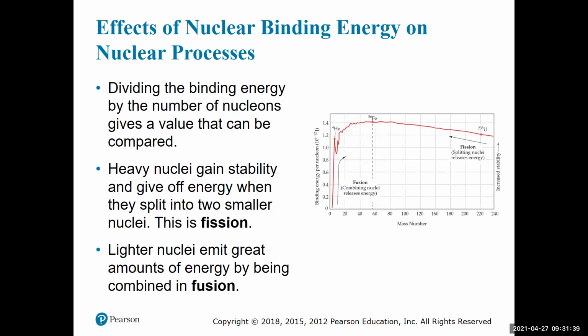Over here on the right-hand side, with these larger ones, is where fission can occur. Lighter nuclei, over here on the left-hand side, we can combine, and when you combine those, energy is emitted, and that's fusion. So fission and fusion are the two ways that you can create energy out of the nuclear processes.